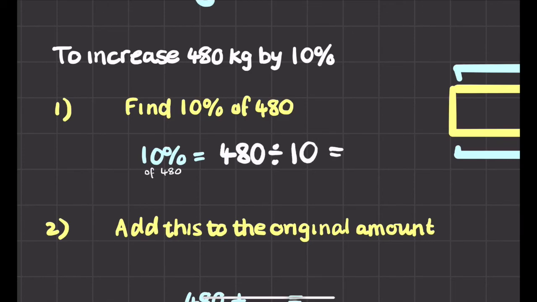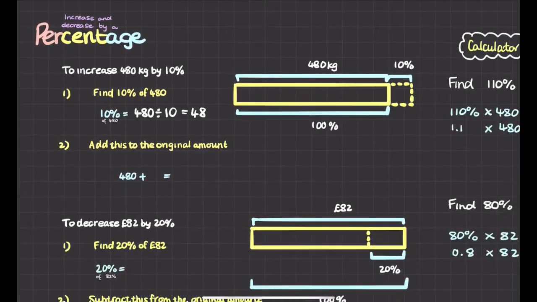And that gives me 48. Now I'm going to add that onto the original amount because I know what this bit is now. That's 48, and I'm going to add it onto my original 480. So add on my 48, and I get an answer of 528. And there we go, I've got the answer.